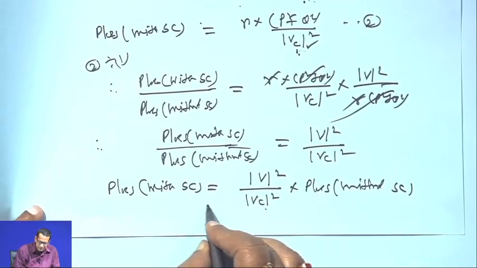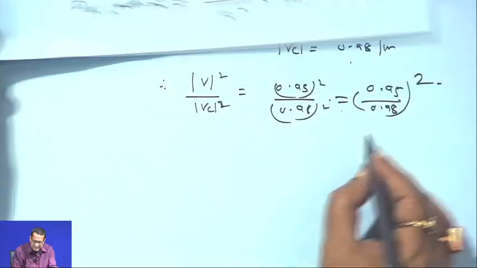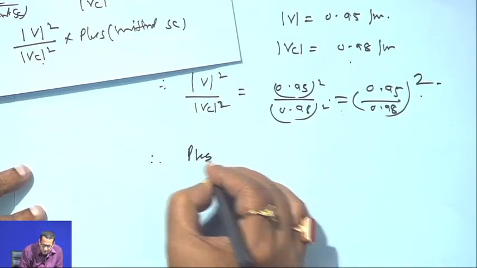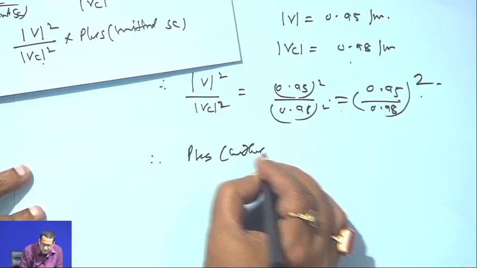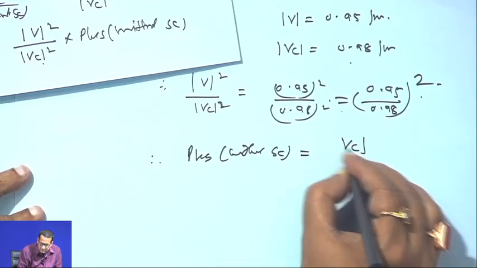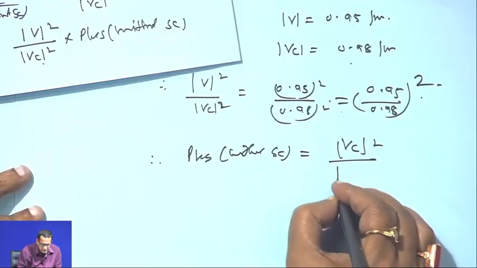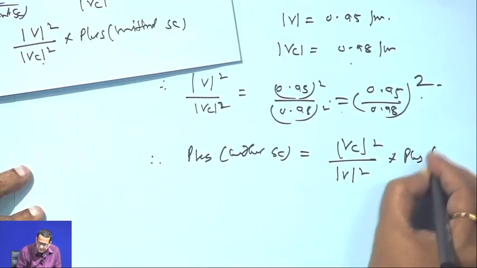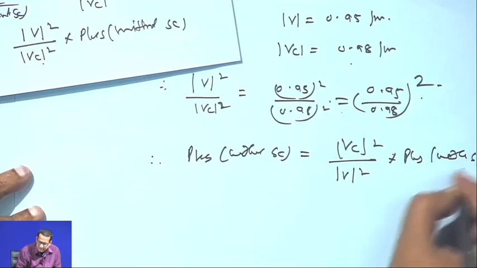Now this equation can be written as P loss with series capacitor is equal to Vc square upon V square into P loss without series capacitor.